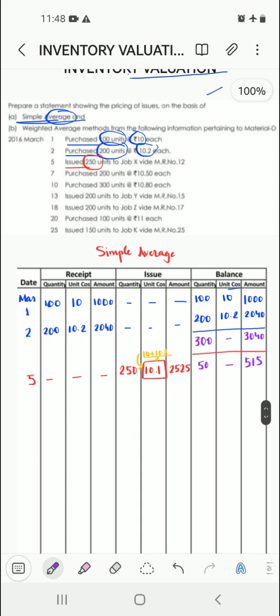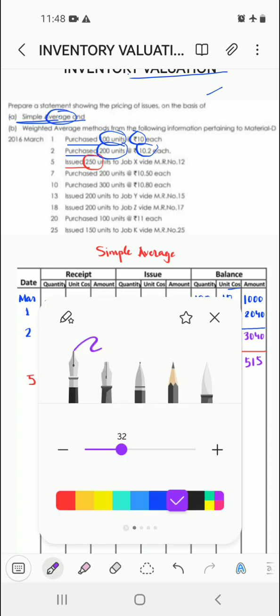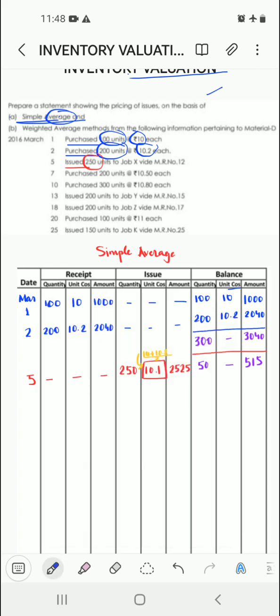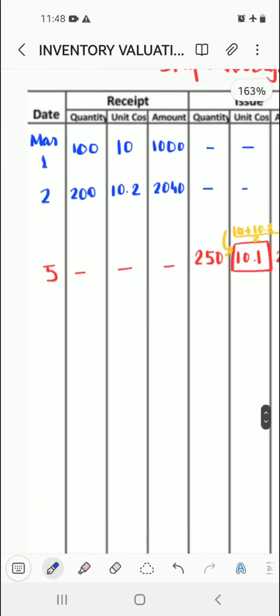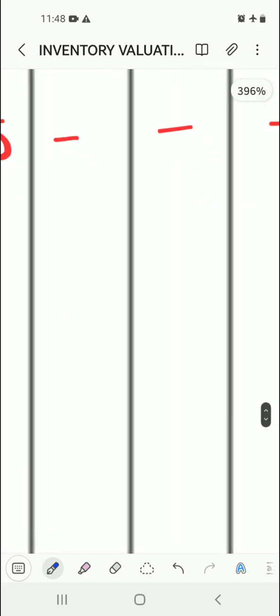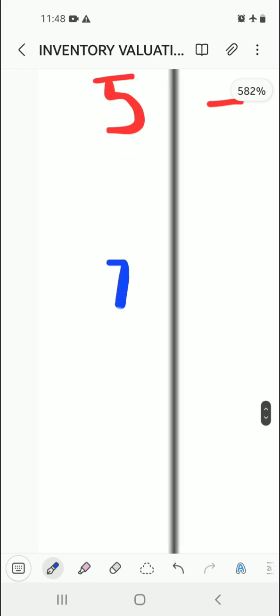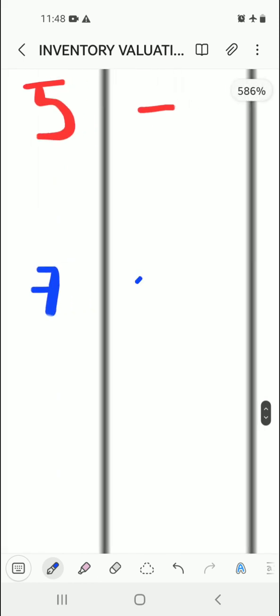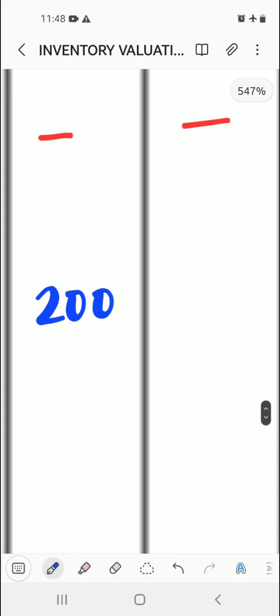The next date that we have got is March 7. There has been a further purchase. On March 7 there has been a purchase and 200 units have been purchased for 10.50. So we're going to make this entry here on March 7. 200 units for 10.5.